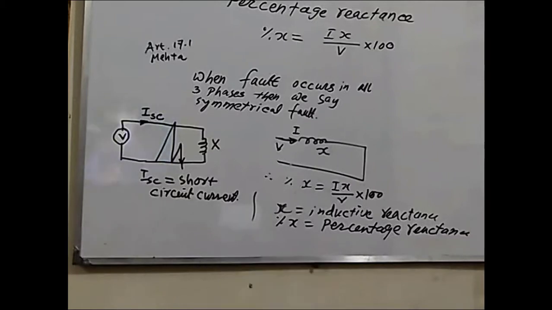We think that the transmission line has 0 resistance or approximately 0, very small. So we can write short circuit current, in AC circuit, IHC equal to V by X, because R is 0.